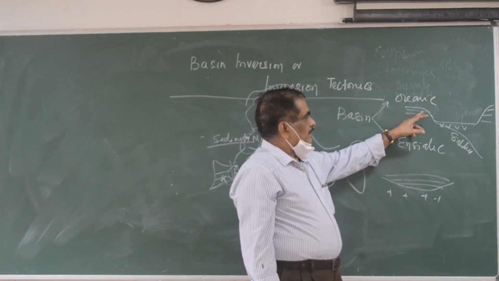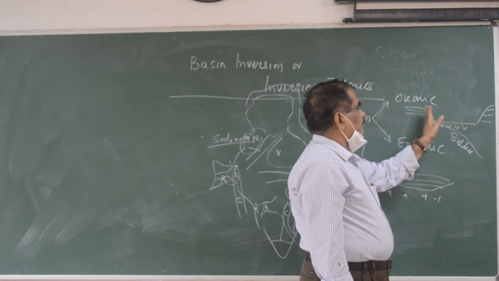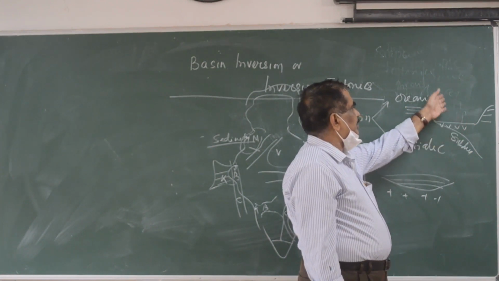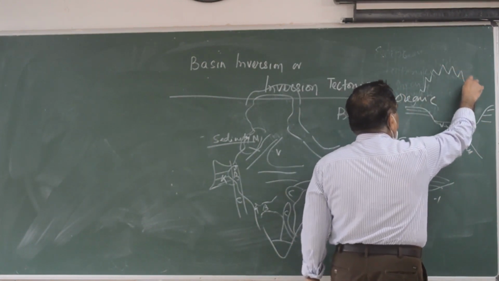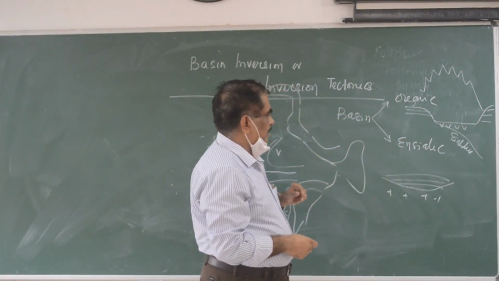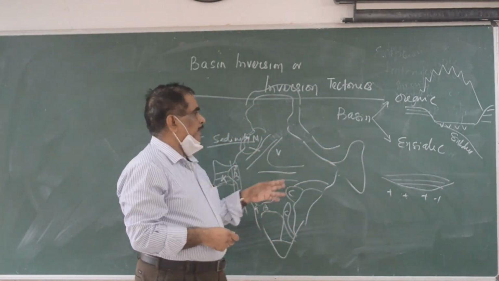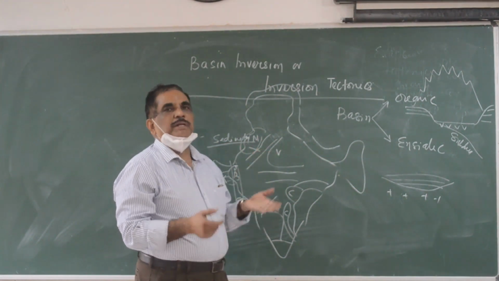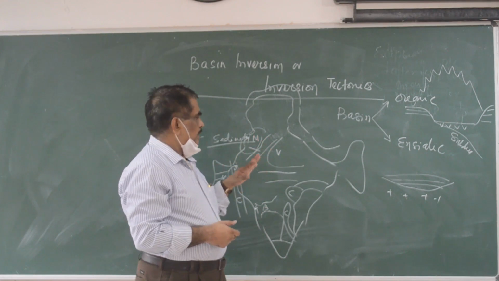In these basins, what happened? Subduction happened, then the mountain belt formed, then those sediments were folded, metamorphosed, sheared, thrusted. So you are developing a mountain belt here. But in case of ensialic basins, this does not happen. If you go to the Vindhyas or any of these basins, you will find they are not metamorphosed and are deformed to a very small extent. They are not extensively deformed or metamorphosed.